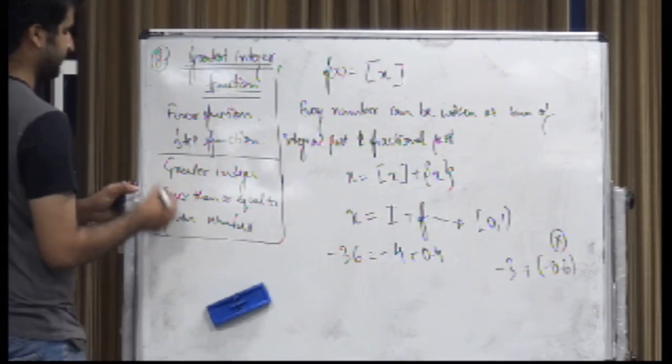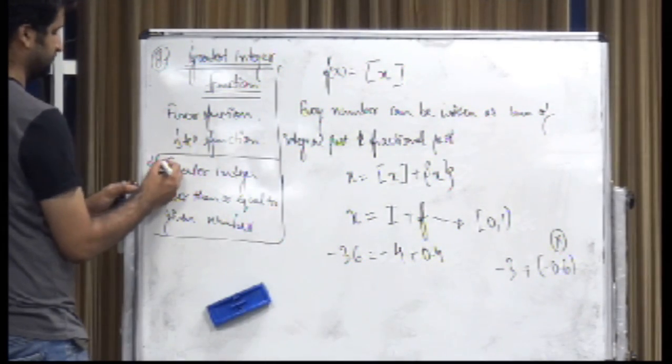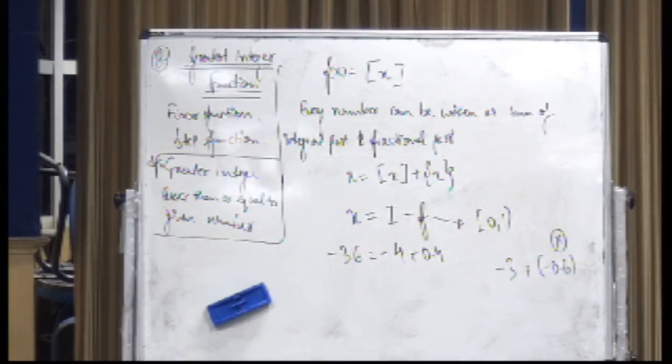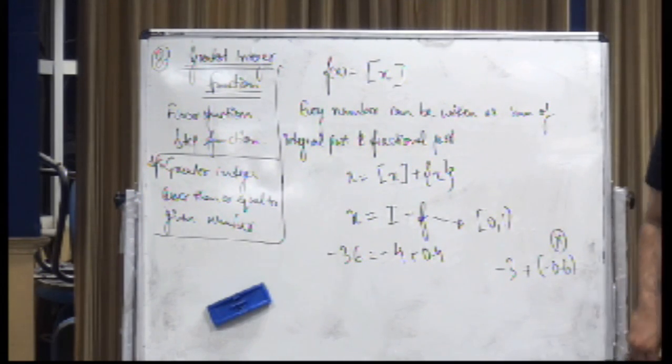So this one is the definition. Greatest integer lesser than or equal to the given number. Can you try to make the graph of this? Do you know how to make it? Just try.